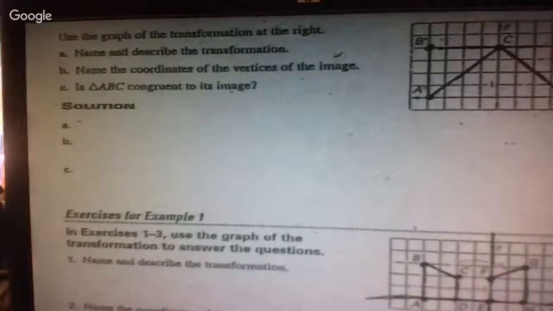So, if you take a look at this picture, okay? One, what transformation has happened here? This is a flip, which is a reflection.